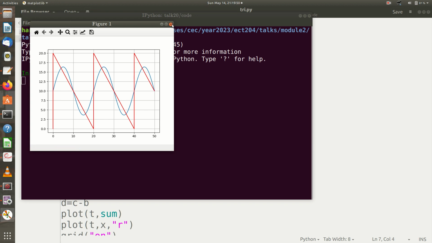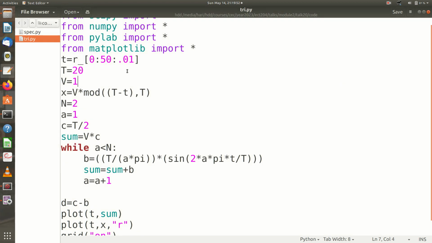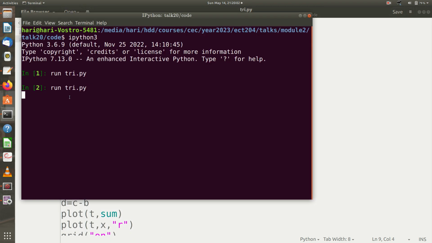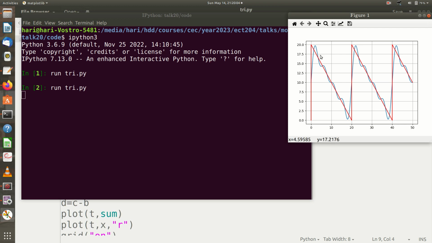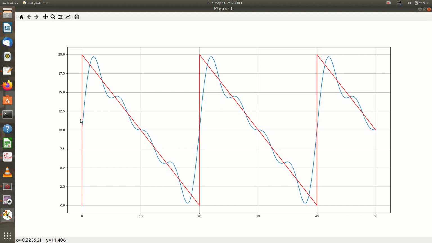So I can add more terms, say n equal to 5. Now you can see that the Fourier series comes closer to my original signal. There are 5 sinusoidal terms now, and it is nearing the original signal.